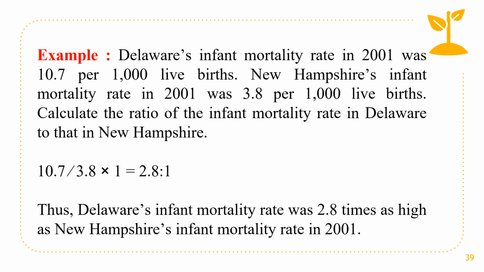So the numerator will be Delaware's, that is 10.7, divided by the denominator, that is New Hampshire's, that is 3.8, into 1. So it will give 2.8:1. So in the conclusion, you can write Delaware's infant mortality rate was 2.8 times as high as New Hampshire's infant mortality rate in 2001.